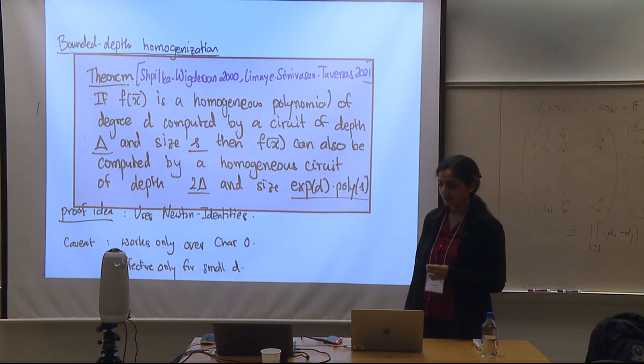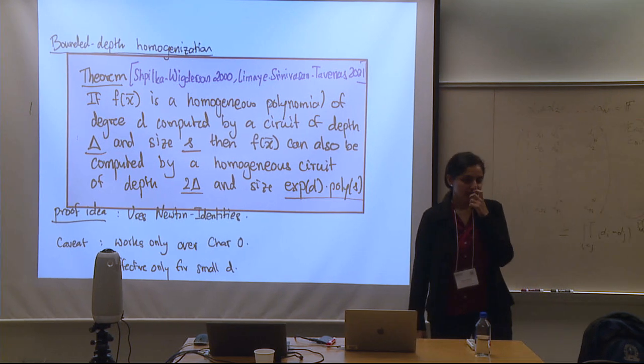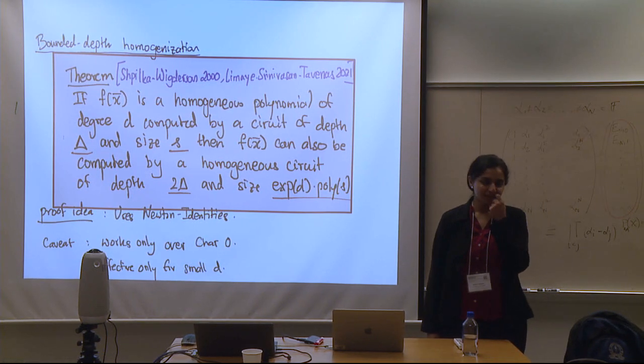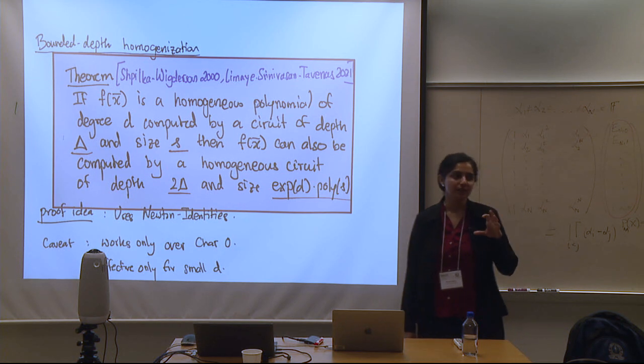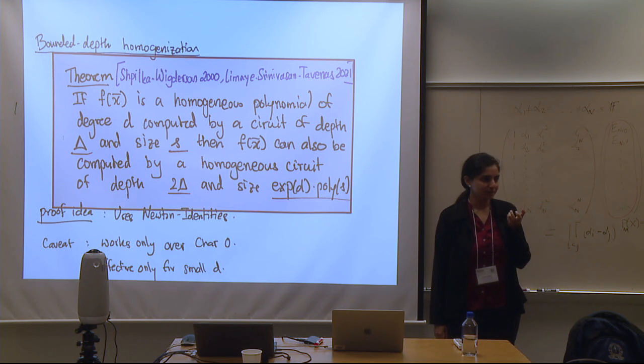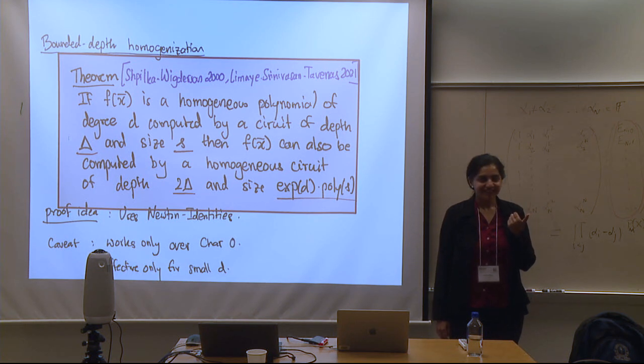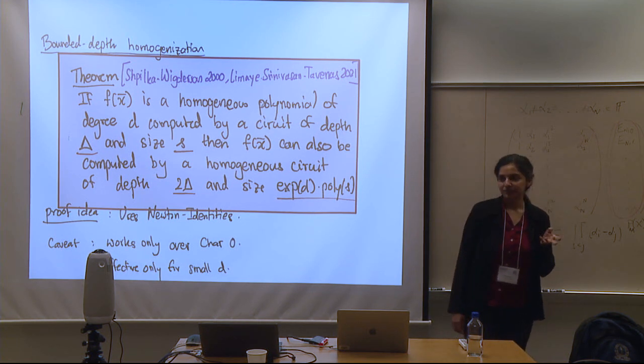Yes. There is one way of doing homogenization, which is through Newton identities. And we were able to show that on small characteristics, these Newton identities will not work. But they could be completely different. So we have to think of something completely different.